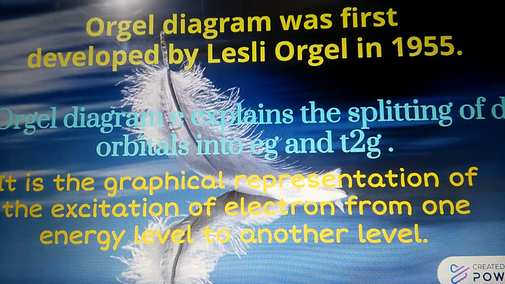It is the graphical representation of the excitation of an electron from one energy level to another energy level. Graphical representation means in the form of a graph, in the form of x-axis and y-axis.